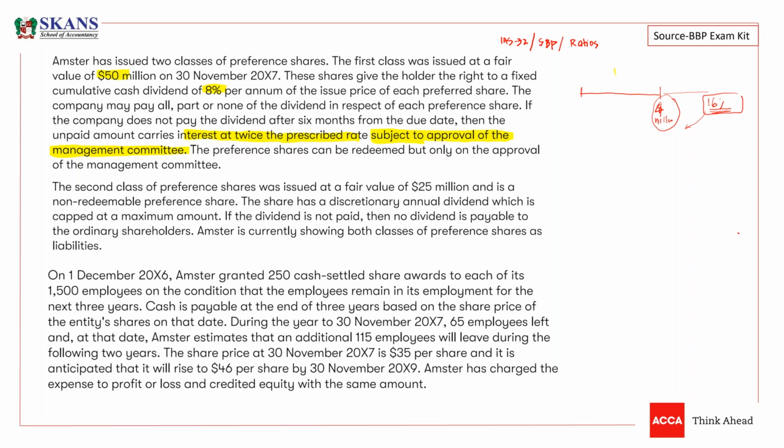So if it is at the discretion, at the will of the management committee, then there is no obligation at all. The preference shares can be redeemed, but only, this is important again, on the approval of management committee. You have to redeem this 50 million, pay it back, but only on the approval of management committee.